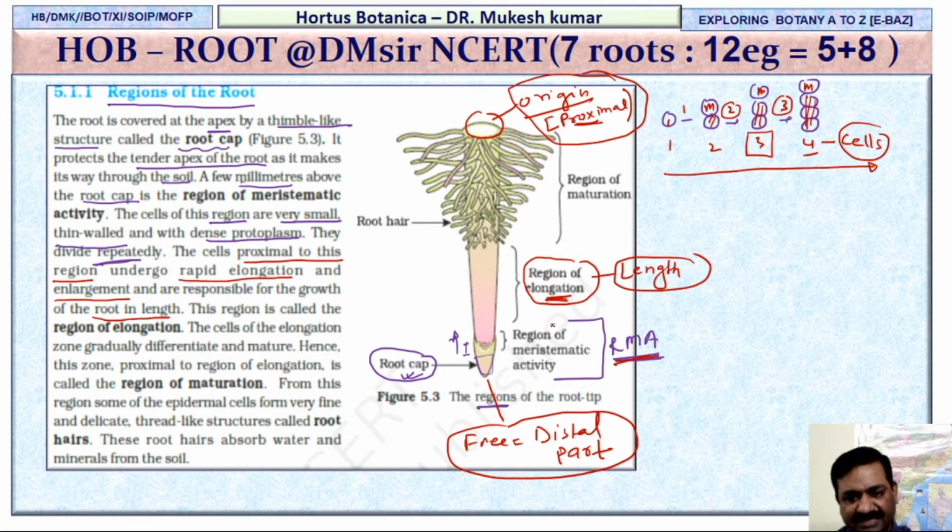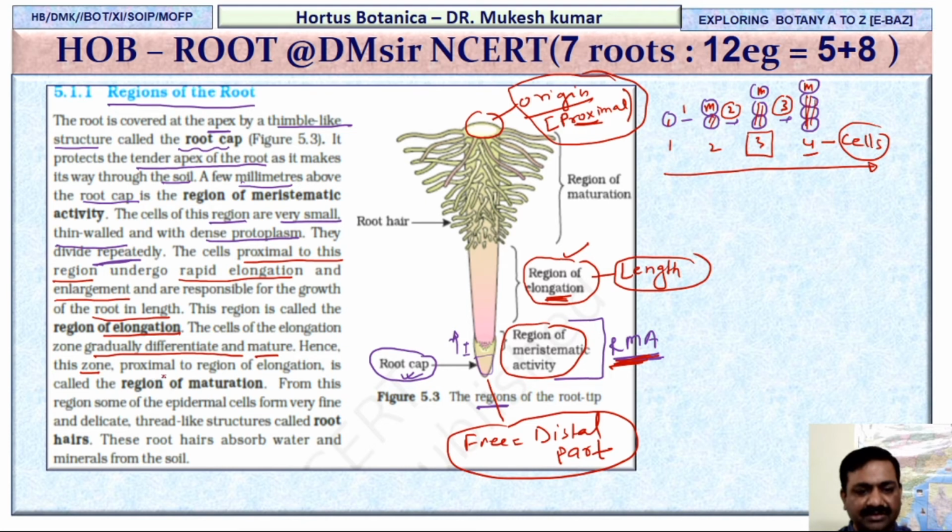So what we are finding, the rama lies at the distal end, and this region, that is the region of elongation, is proximal to the rama because it is near the origin. Now, this region is called elongation. The cells of the elongation zone gradually differentiate and mature.